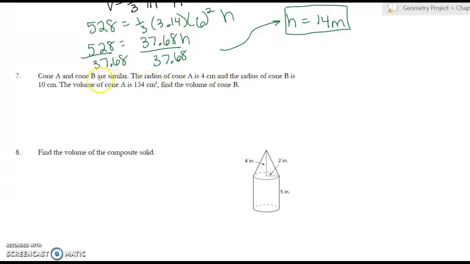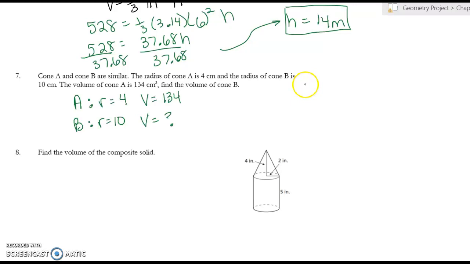Okay, 2 more examples. So cone A and cone B are similar. A has a radius equal to 4. B has a radius equal to 10. A has a volume of 134. And B has a volume of, we don't know. So remember when we have done similar figures, if it's just side to side, it's a side over side.